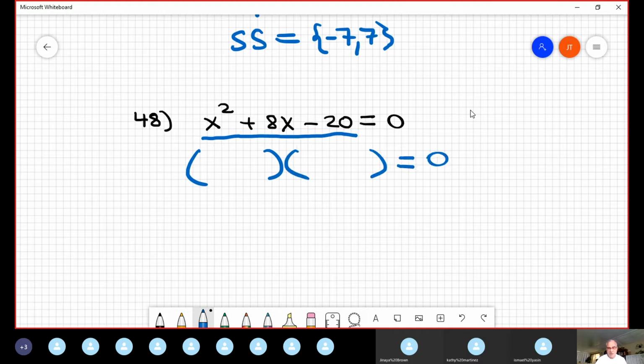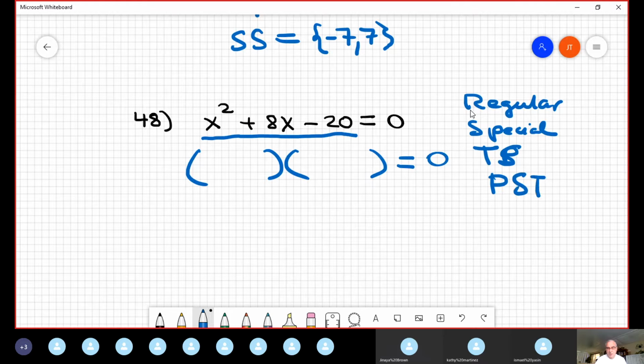Is it regular or special? What do you think? Do you remember the classification for the trinomial? Regular, special, and perfect square trinomial, no? Is it regular, special, or perfect square?